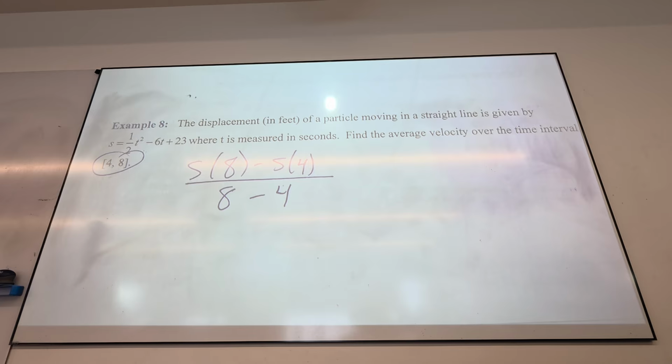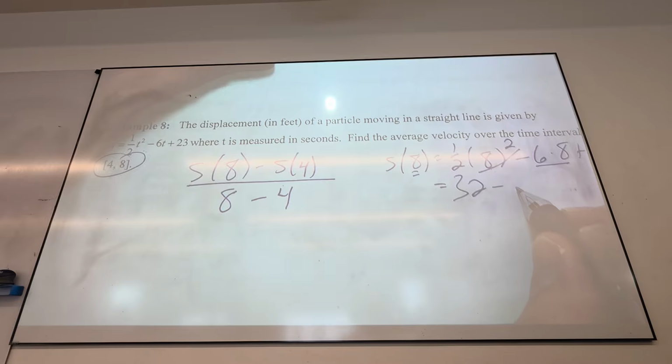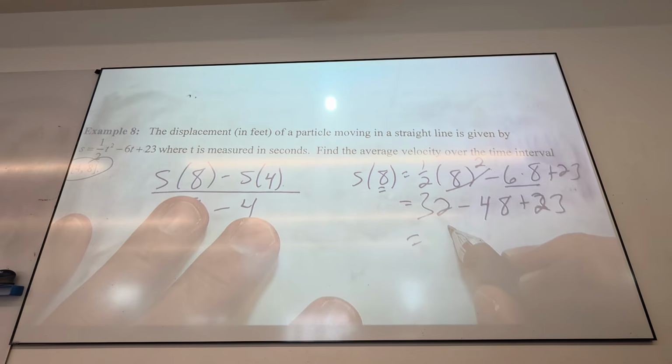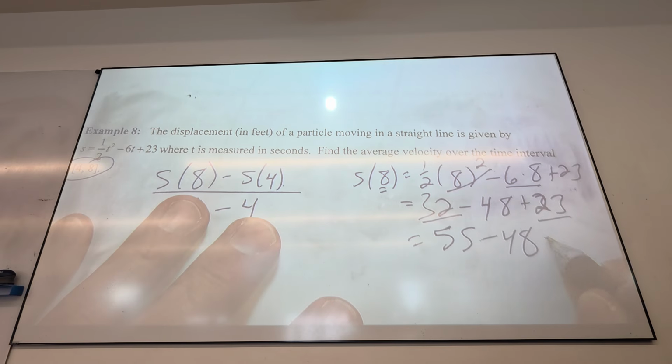This is 64. What's half of 64? 32. What's 6 times 8? 48. And if I do 23 plus 32, that's 55. What's 55 minus 48? 7. Okay.